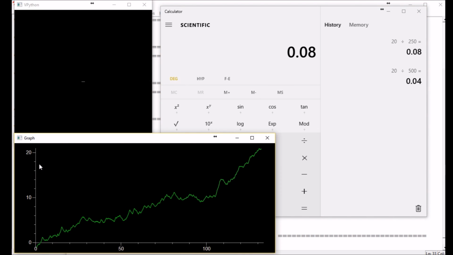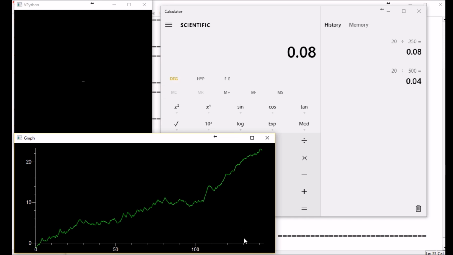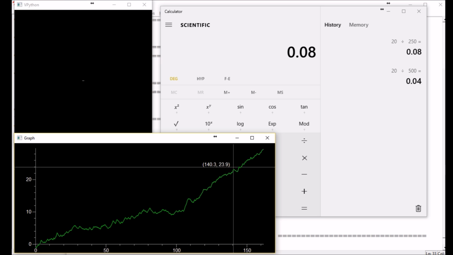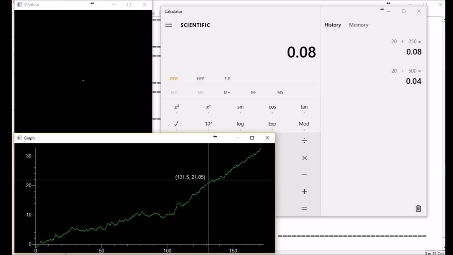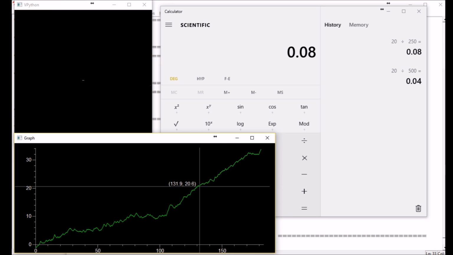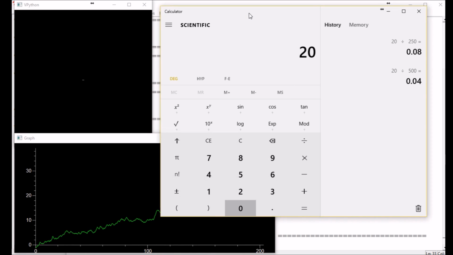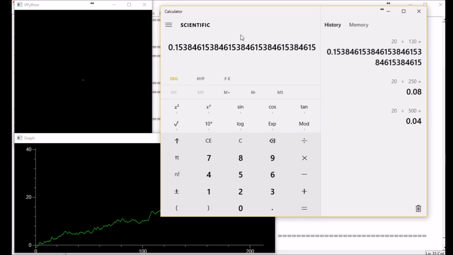We got it out to about 20 last time. Let's see. Okay, we reached 20 in about 130 seconds. So if I take 20 divided by 130, I've got 0.15. Wait a minute, that doesn't seem right.